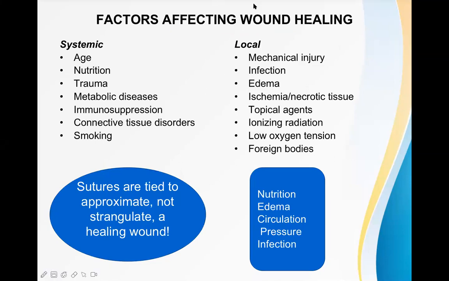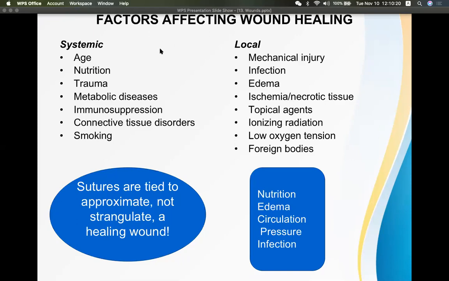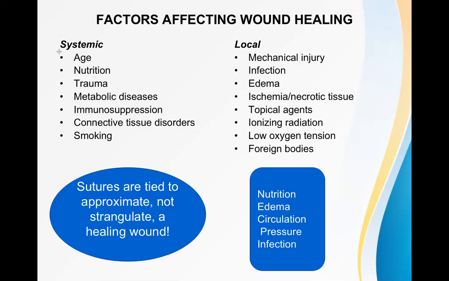Those factors are roughly divided into 2 types: systemic factors and the local factors. Now, let's talk about systemic first. Age of the patient. Older age patients have decreased chances of wound healing. Means it is delayed.